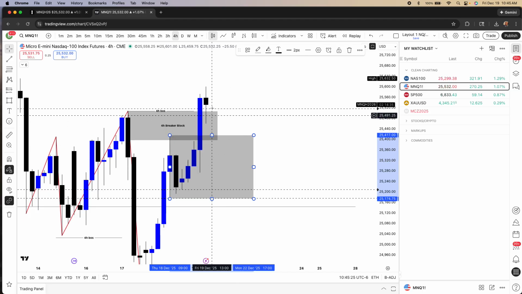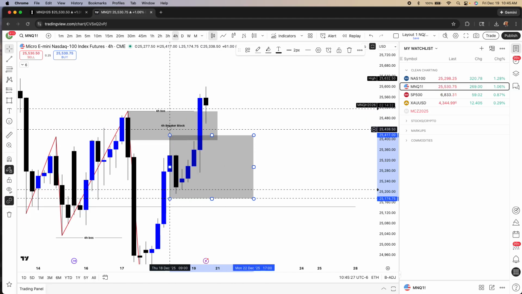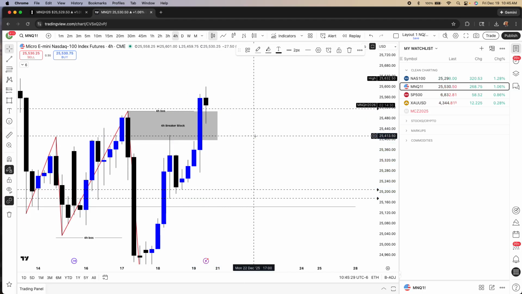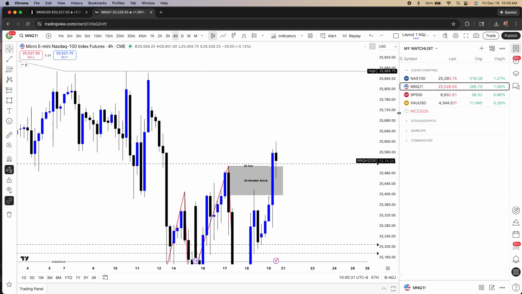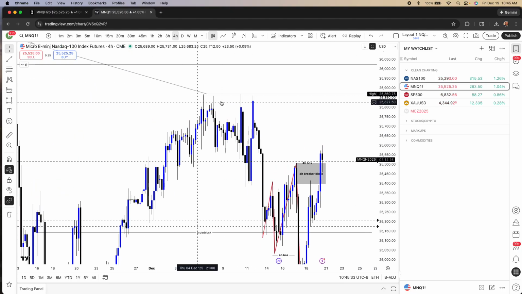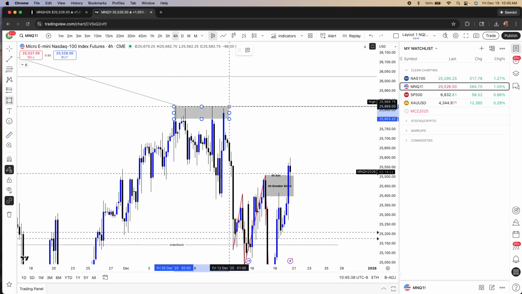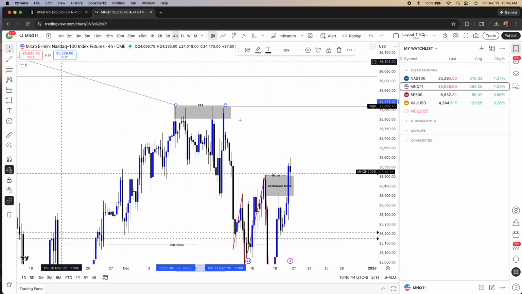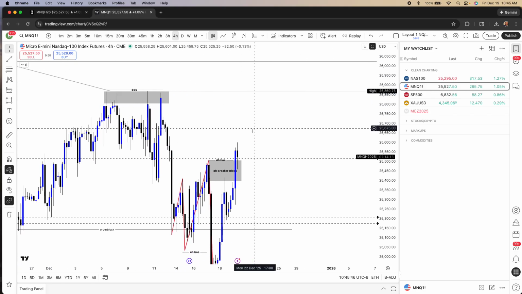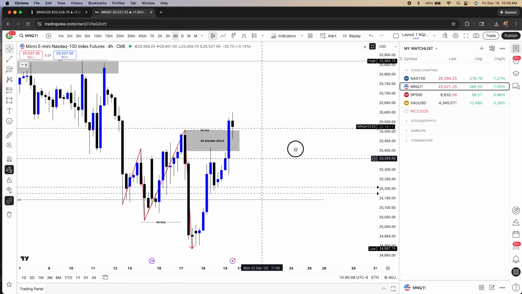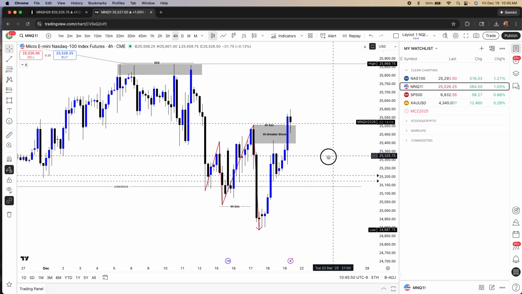So I expect a reaction from either this zone, but mainly this breaker block, targeting some liquidity to the upside. You see all these highs that are stacked right here. This is a major support and resistance level and liquidity. So I believe that this is now the target for us for the short term.